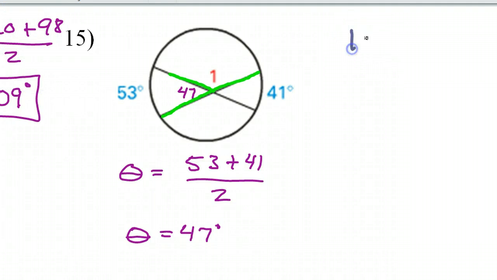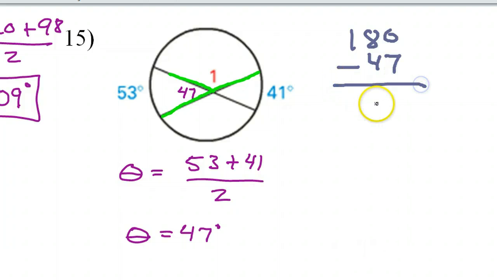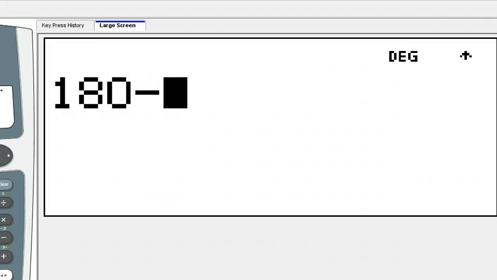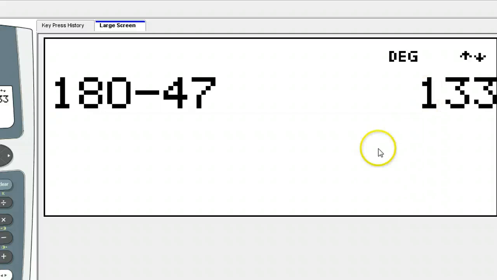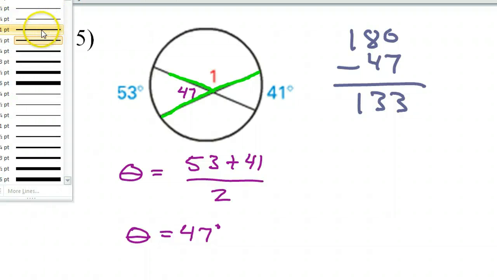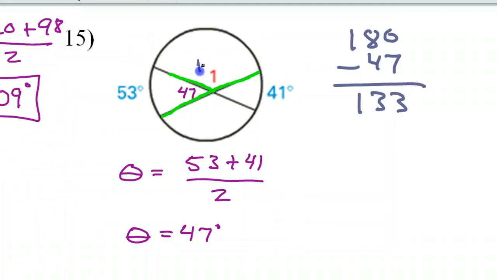So if I do 180 minus 47, what's that? 133? Okay, so that's going to be the measure of angle 1. It's going to be 133 degrees.